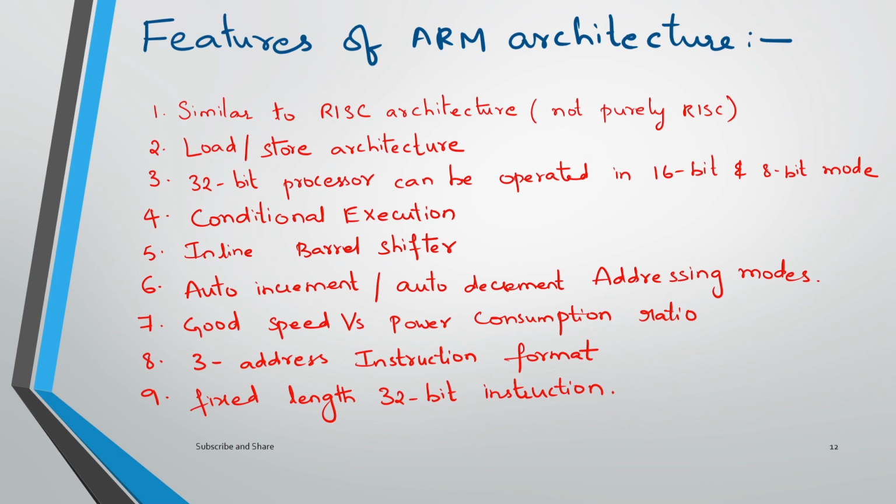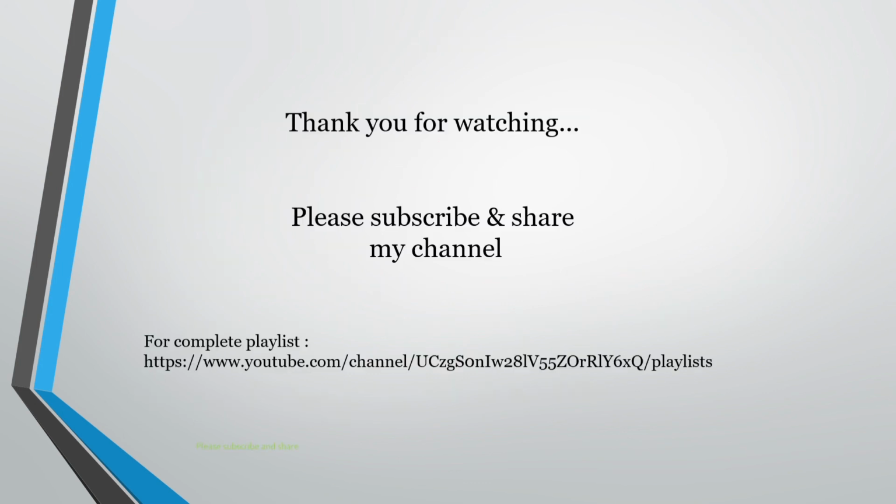Conditional execution, it has an inline barrel shifter. It has auto increment, auto decrement addressing modes. It has a very good speed versus power consumption ratio. It implements 3 address instruction format and has fixed length 32-bit instruction. So these are the important features of the ARM architecture.